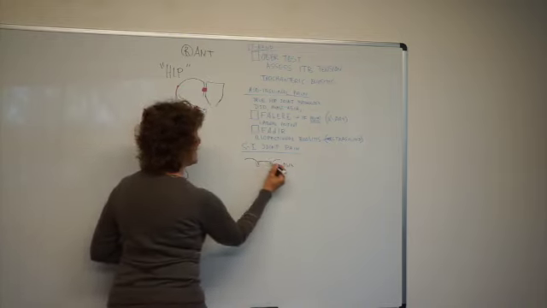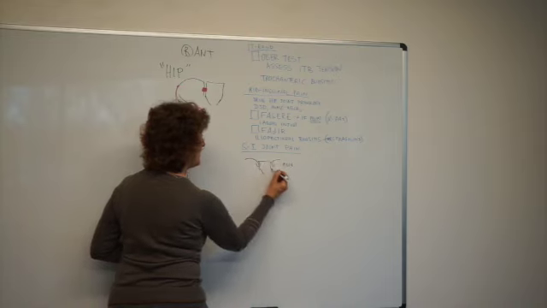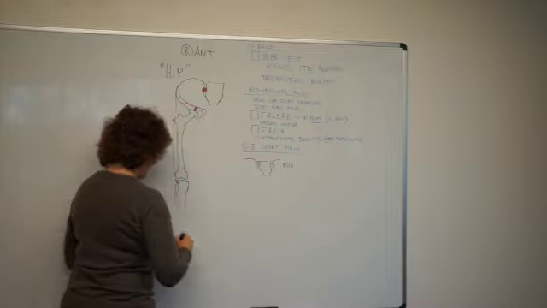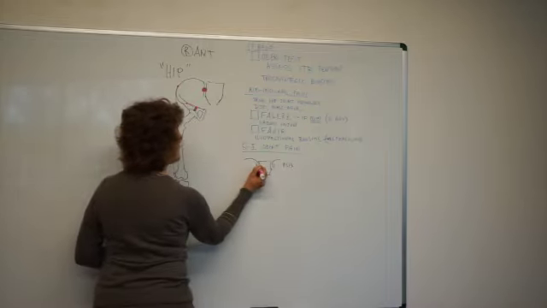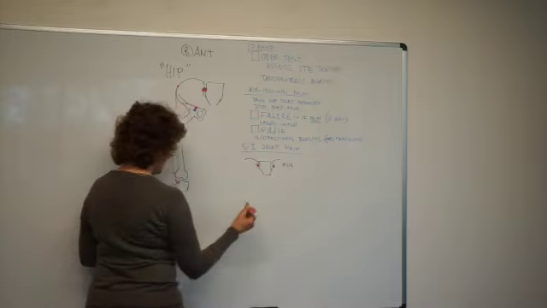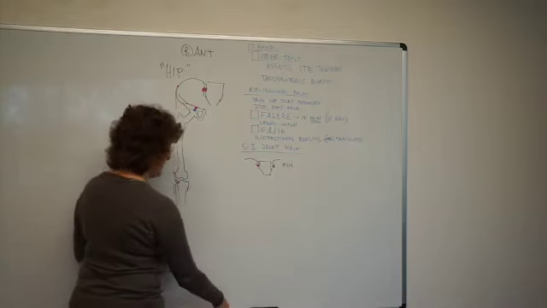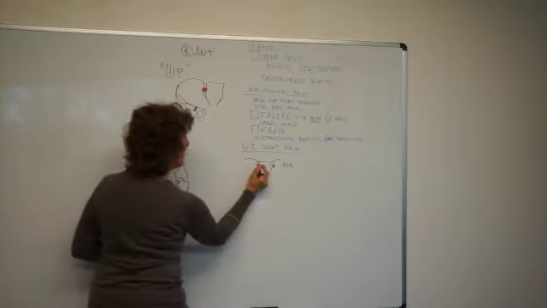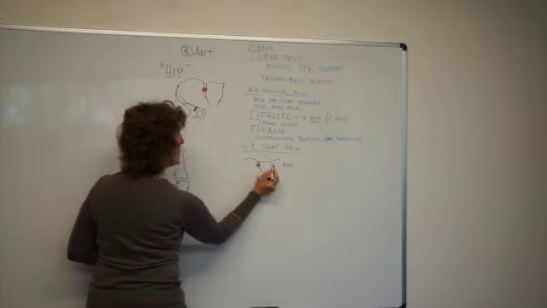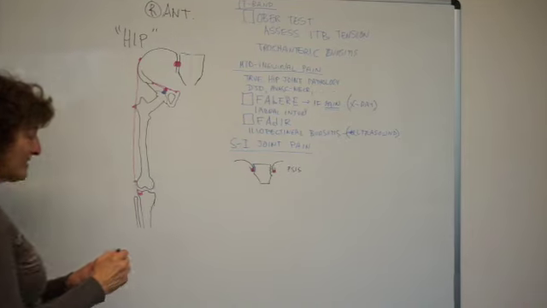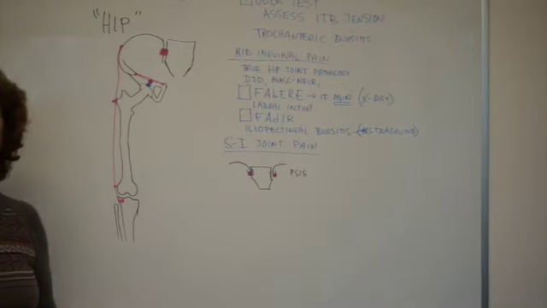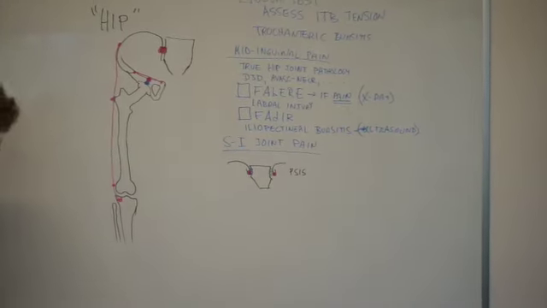I'm going to draw a sacrum in here. So when you palpate, you can find the PSIS and glide your fingers medially. You will actually be right on those sacroiliac joint ligaments, and the patient would be able to verify if that is where their pain is located.